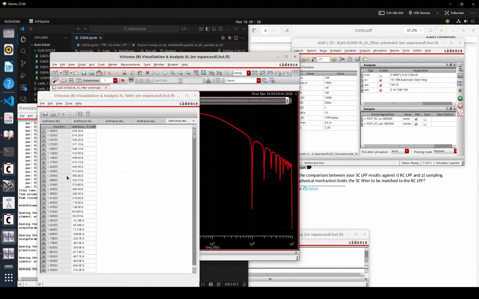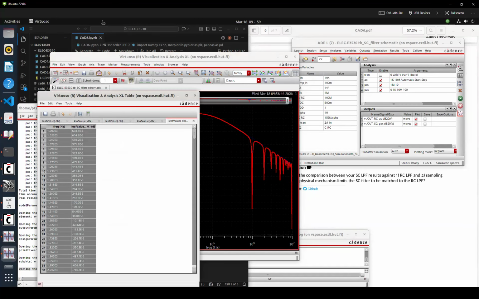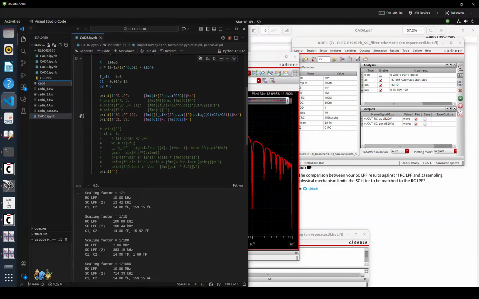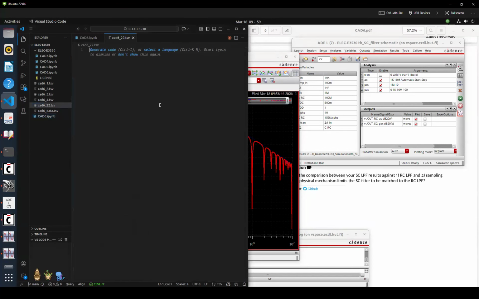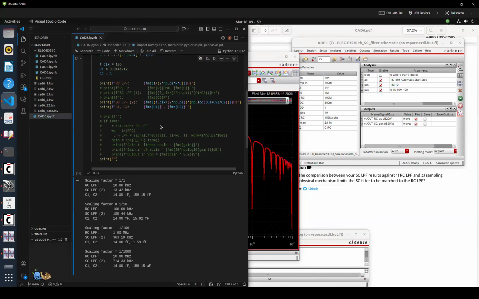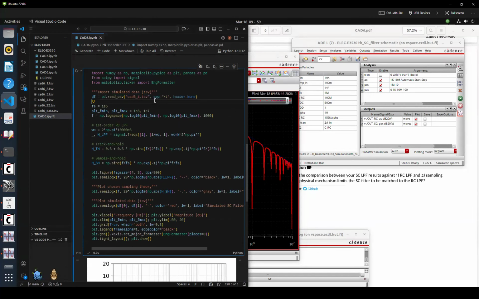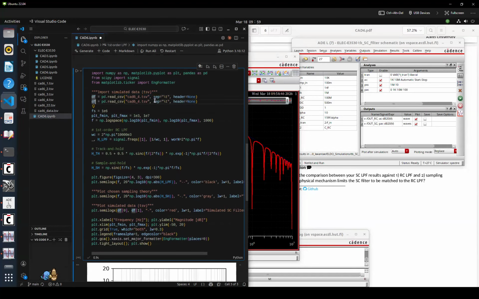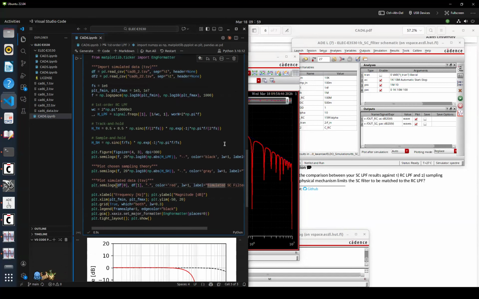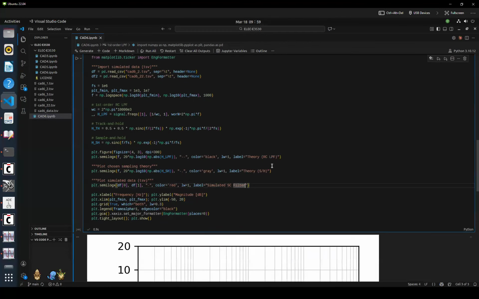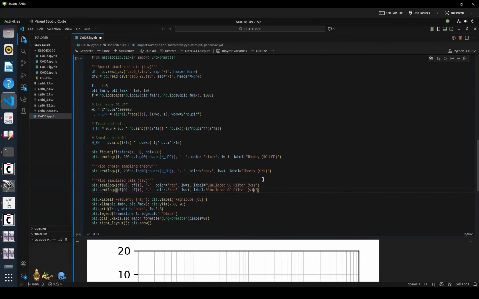So if I save this data as CAD6, let's say 22, for version 1. Let's say version 2. And it should be 100 kilohertz.